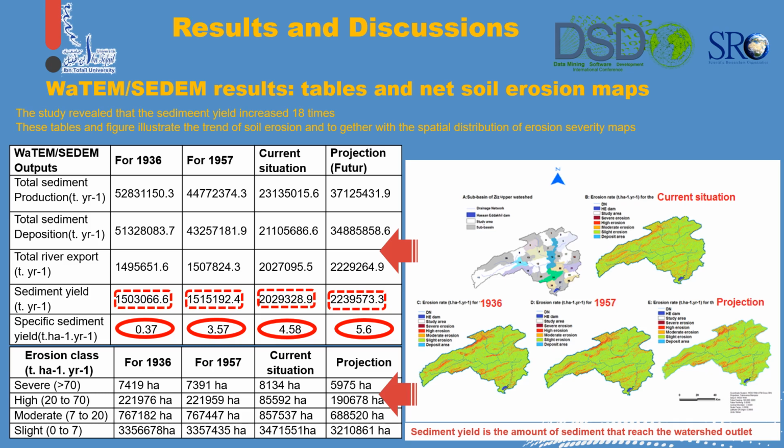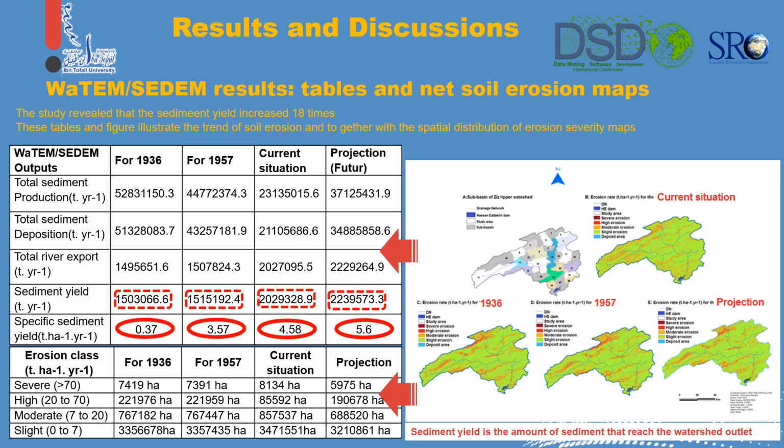For the current situation, it is about 4.58 tons per hectare per year, and for the projection, it will be 5.6 tons per hectare per year.